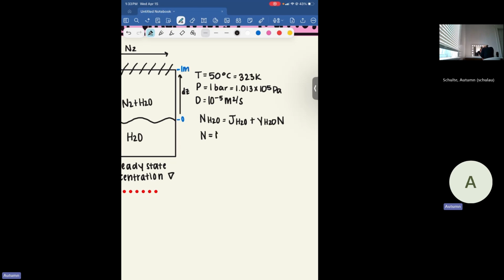So that was the molar flux of the water plus the molar flux of the nitrogen. And previously we said that the molar flux of the nitrogen was equal to 0 because once again, as that diffuses downward, it has nowhere to go. So that was 0.